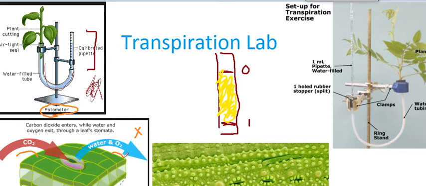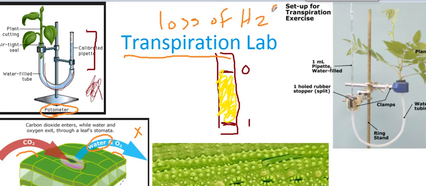That's the nature of photosynthesis. But we need to talk about that loss of water. That's what transpiration is. It's the loss of H2O through these little openings called the stomata. The stomata are the site at which water is lost, and that loss of water is called transpiration.